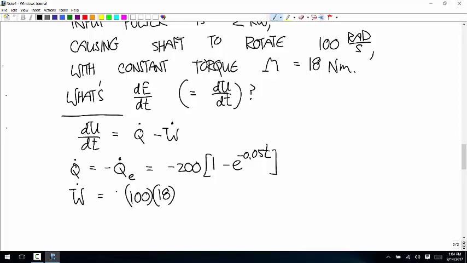That's the work that it's doing on its surroundings. Minus, where was the 2? So minus the work that's done on the motor by the electricity. And so we get a value of negative 200.